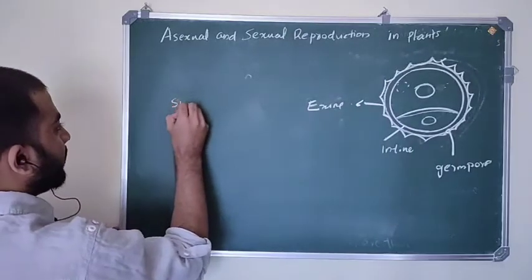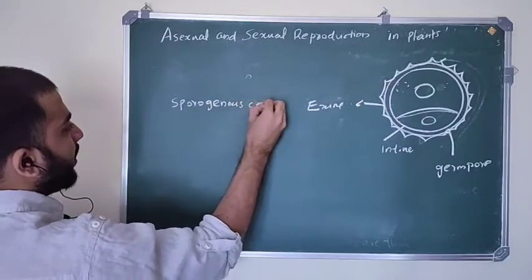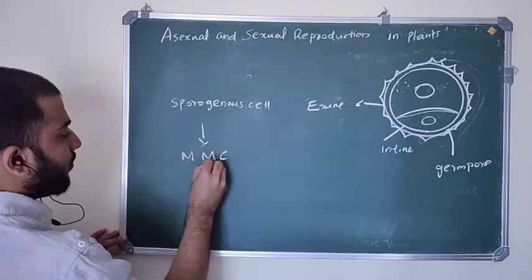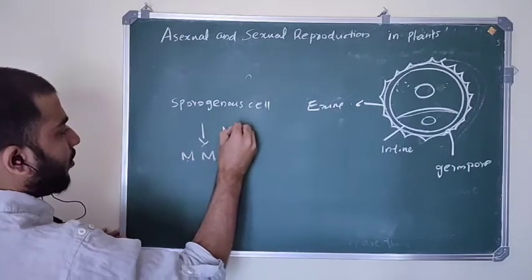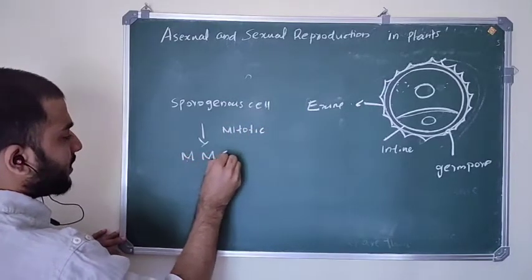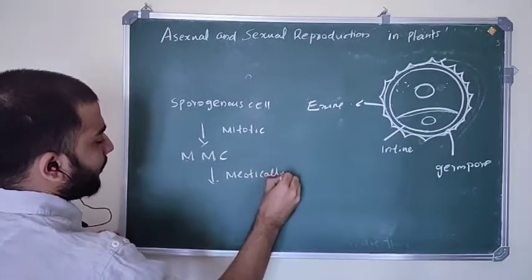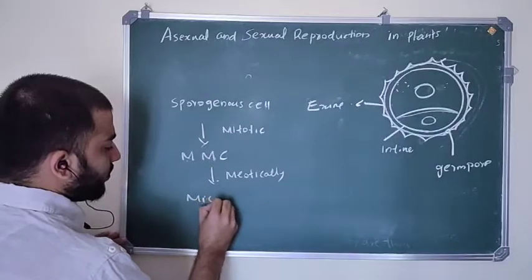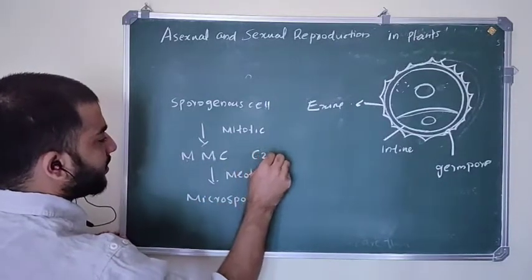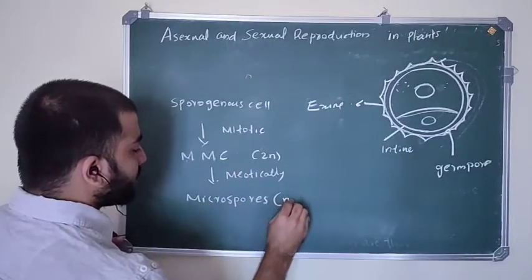Inside the anther, the sporogenous cells undergo mitotic division and form microspore mother cells. The microspore mother cell divides meiotically and forms microspores, which are haploid. The microspore mother cell is diploid, but by meiotic division it produces haploid microspores.